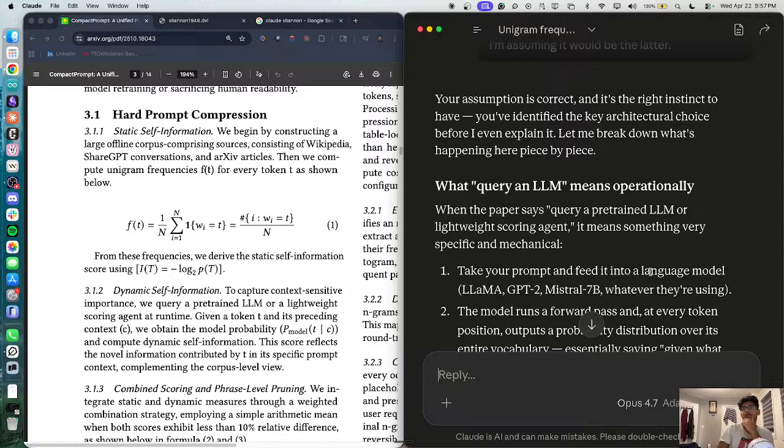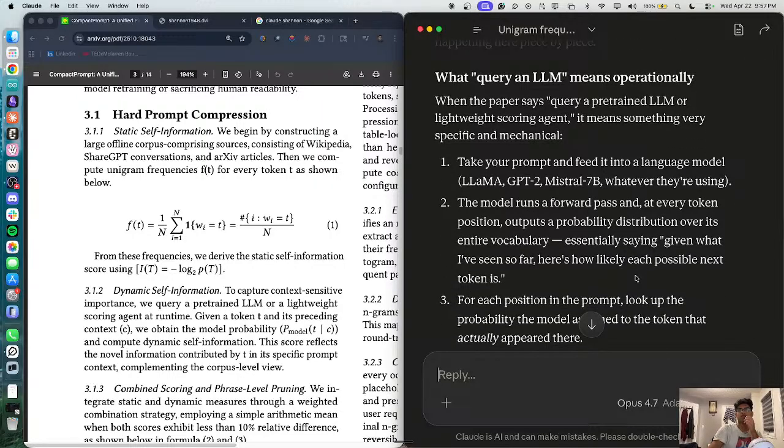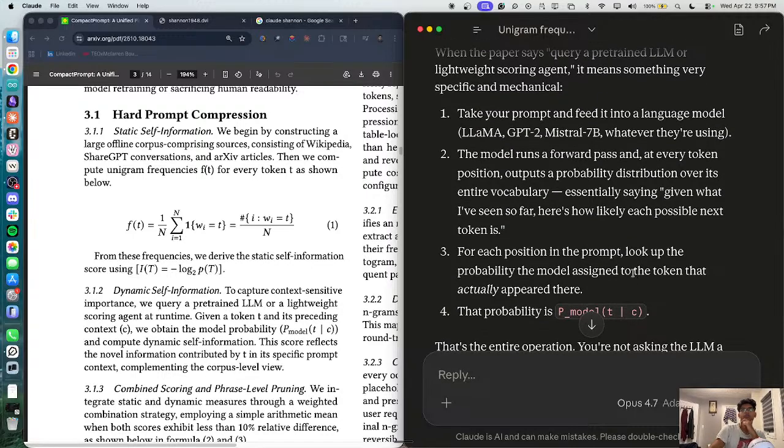Take your prompt, feed it into a language model, Llama, GP2, Mistral 7B, whatever they're using. The model runs a forward pass, and at every token position outputs a probability distribution over its entire vocabulary. Essentially saying, given what I've seen so far, here's how likely each possible next token is. For each position in the prompt, look up the probability the model assigned to the token that actually appeared there.